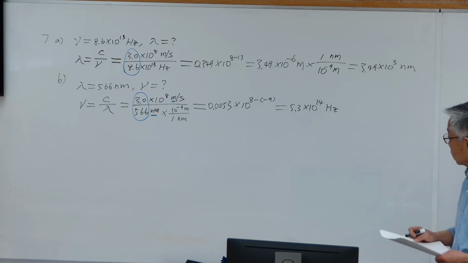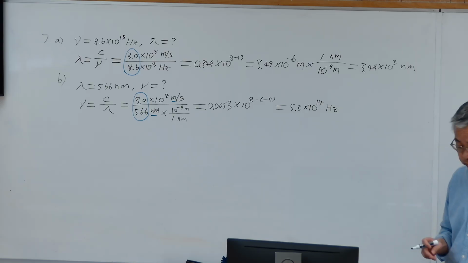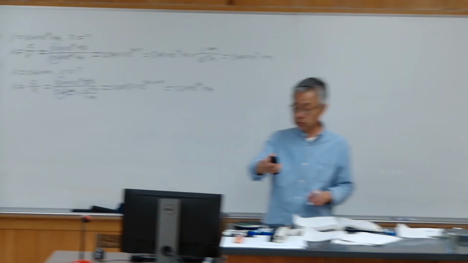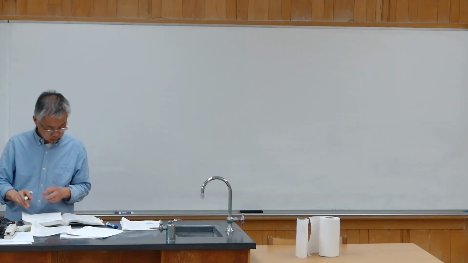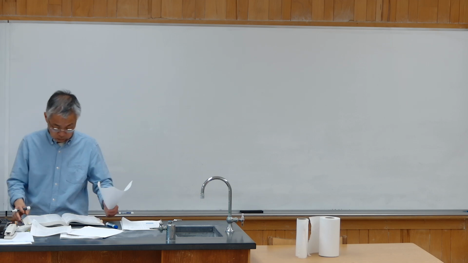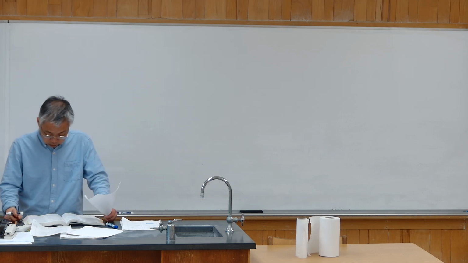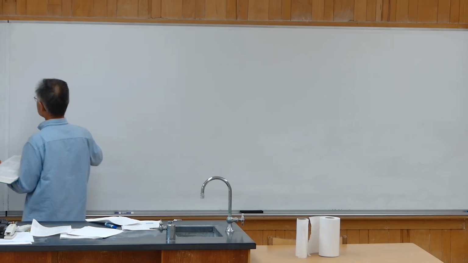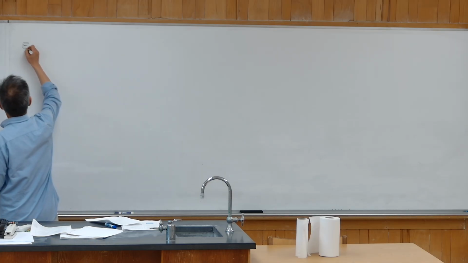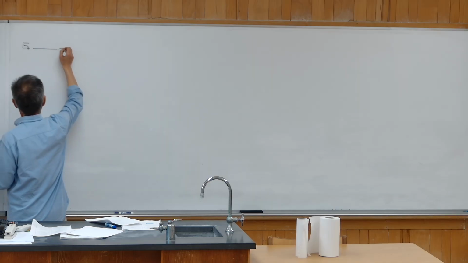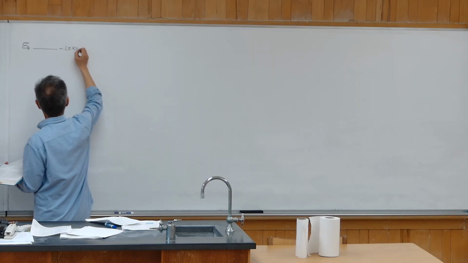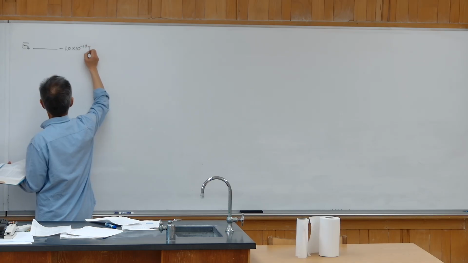Next question, let's say 29. Consider the following energy levels of a hypothetical atom. E4 is -1 times 10 to the -19th power joule.